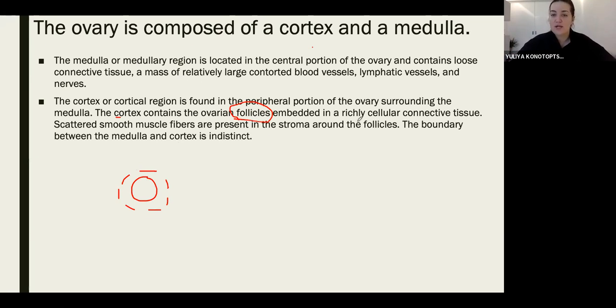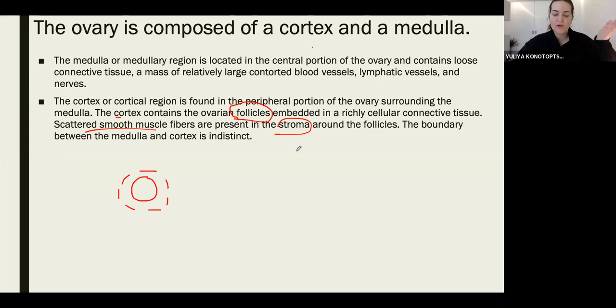And these follicles are embedded in the nicely made connective tissue, the stroma. Very important to remember that this stroma will also have smooth muscle cells. So you will see on the slide that this is a very special stroma. It doesn't only have fibroblasts and collagen fibers, you also see smooth muscle cells.